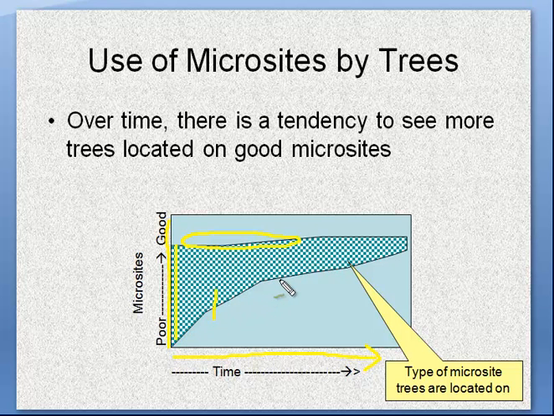Progressively, as the years go on, more and more trees are outcompeted, and only the trees on the best microsites eventually end up surviving on that location, because they have so much better ability to compete against the ones that landed on poor microsites.